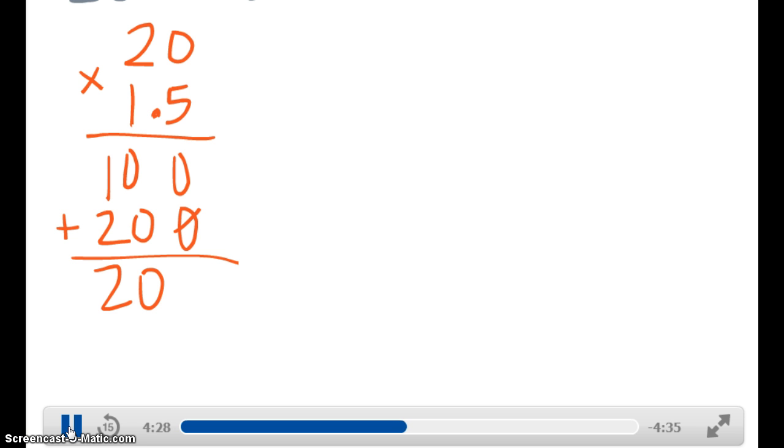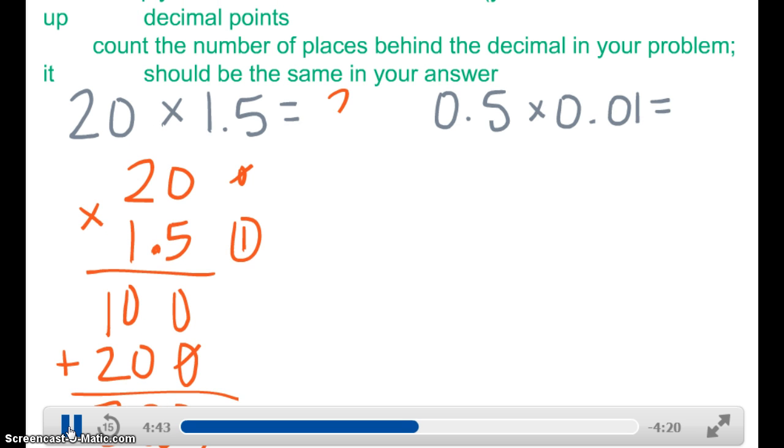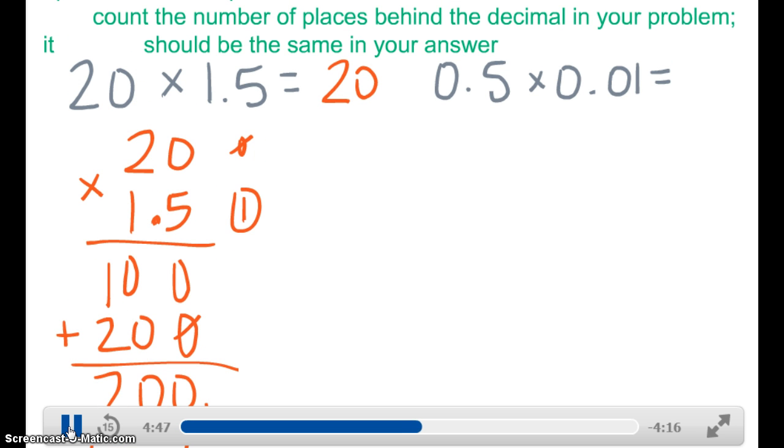Add. Here I have no numbers behind my decimal point. Here I have 1. So in my answer, I need 1 number behind my decimal point. So my answer is 20.